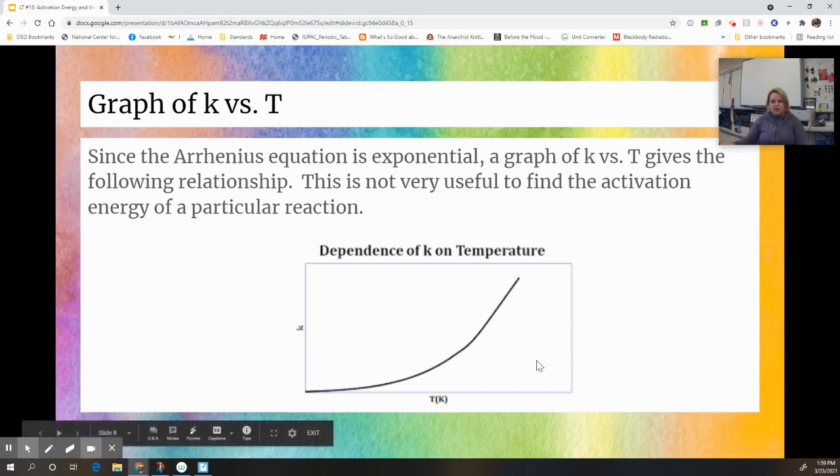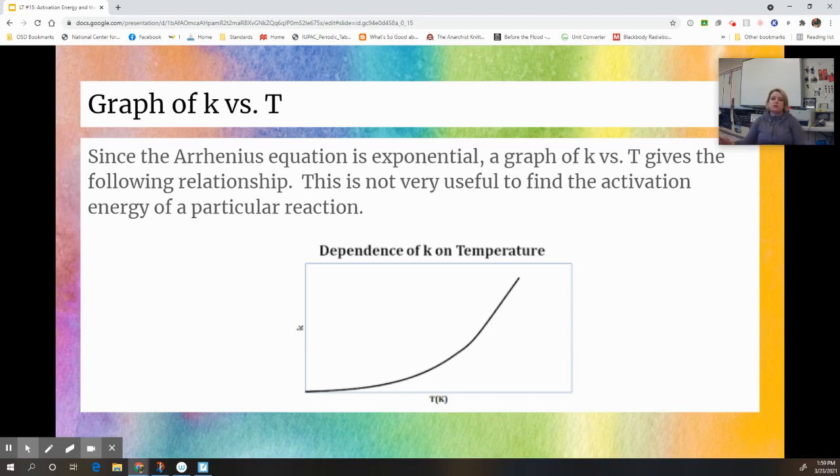As we saw, the equation is exponential, so it makes a lot of sense. As temperature increases, the rate constant will increase exponentially. That makes sense because if I increase the temperature, I increase the number of collisions that can occur because I increase the amount of kinetic energy in each of the reactant particles.